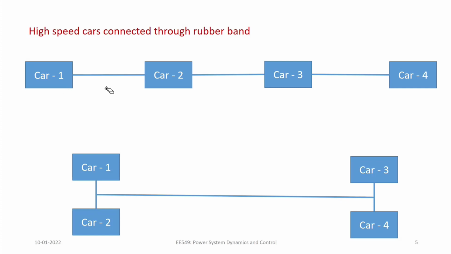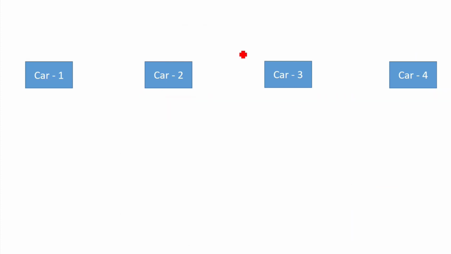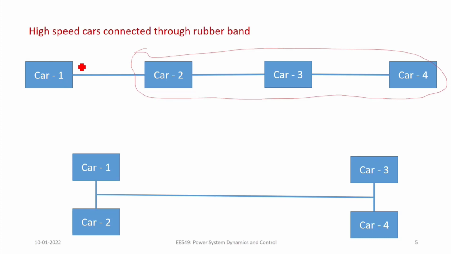All these 3 cars will have high inertia as compared to car 1, because car 1 will have very little inertia as compared to the combined inertia of cars 2, 3, 4, because they are in sync.